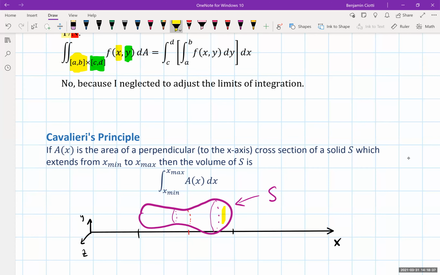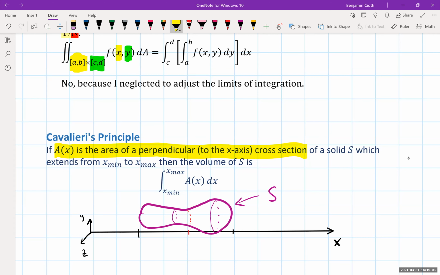Suppose you have some three-dimensional solid, which I am calling S, and you want to calculate the volume of S. How much 3D space does it take up? If you can find the area of a cross section, specifically, you need the area of a cross section perpendicular to the x-axis.